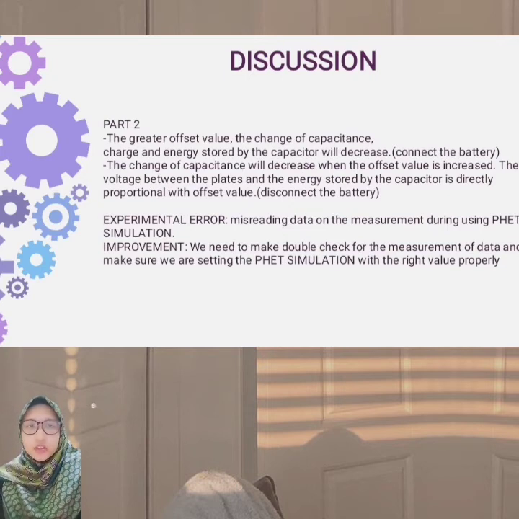Then, the voltage between the plates and the energy stored by the capacitor are directly proportional to the offset value. In this experiment also, we have an experimental error, that is misreading data. So we have to make sure we check the data properly and set up the simulation nicely.